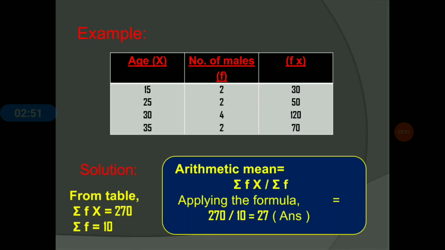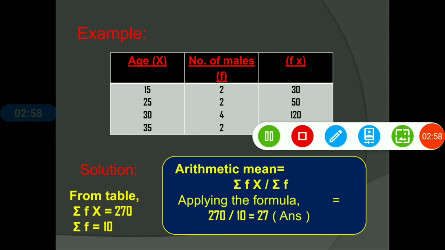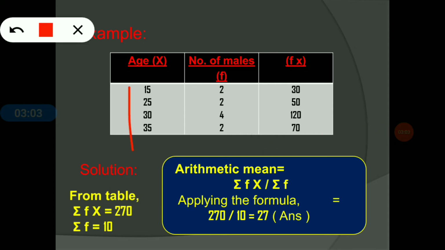Here this is an example of a frequency series. The first column indicates the variable x, the second column indicates the frequency, and the third column indicates f into x, because the formula is summation fx divided by summation f. So 15 into 2 is 30, 25 into 2 equals 50, and so on.